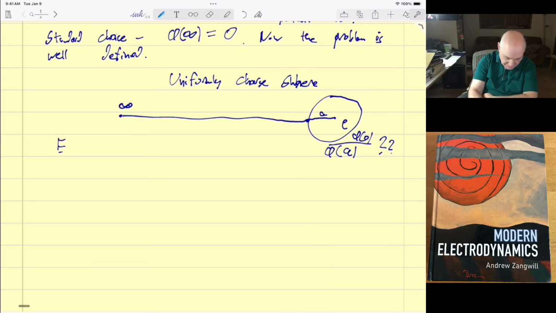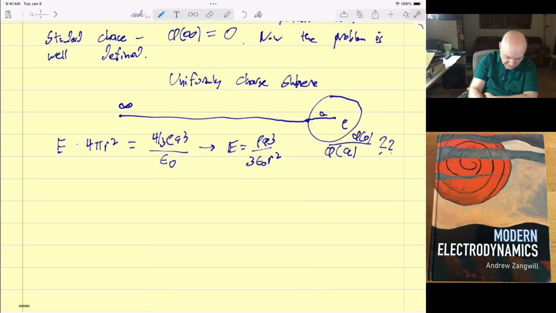I'm using the same units that Zangwill uses, my personally despised MKS units, but that's what I'm going to do. 4 pi r squared times E is the surface, and this is equal to the charge, 4/3 pi rho a cubed, divided by epsilon 0. So this implies that E is equal to rho a cubed over 3 epsilon 0 r squared.